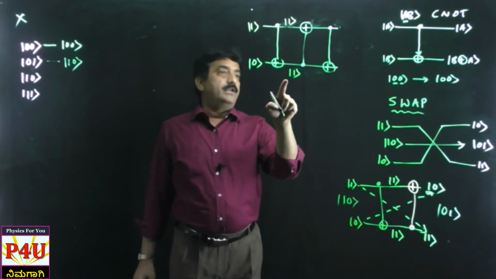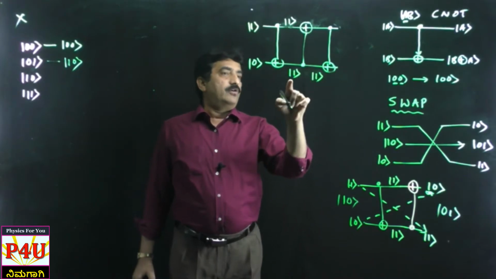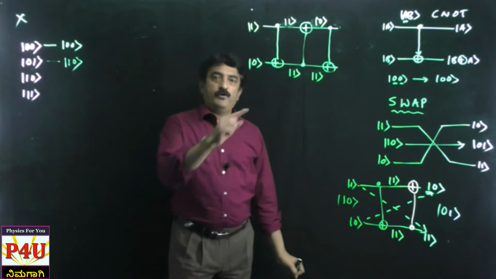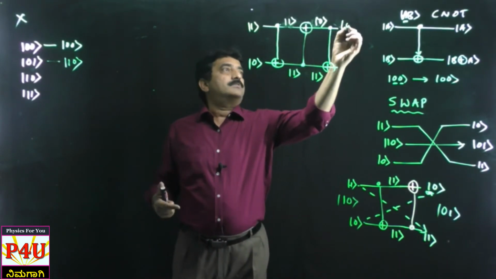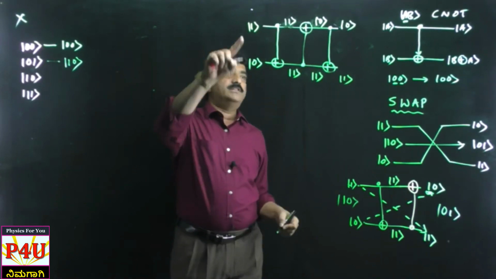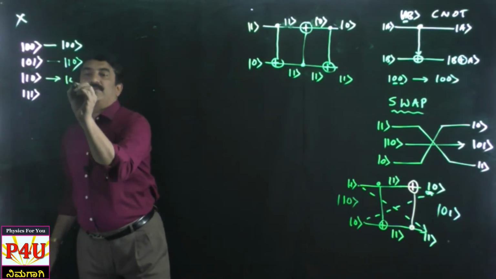Okay, then 1 goes to the next, because it is control, it will come out without any problem, but acts on this, so it is 0. Correct? I hope you are following this. And now 0 is control, it won't act, so it comes out without any change, and this also comes out without any change. So 1 0 becomes 0 1.